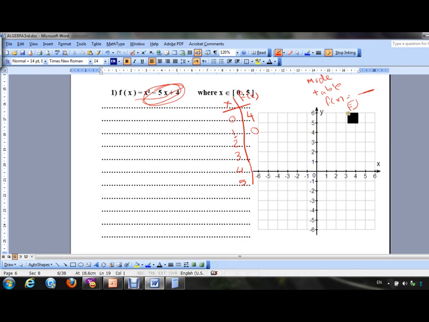Then the calculator will ask you about this interval. It asks you about the start, and you have the starting point here in your table, it's 0, and then you press equal. The calculator will ask you about the end.